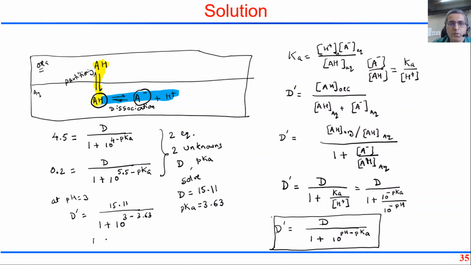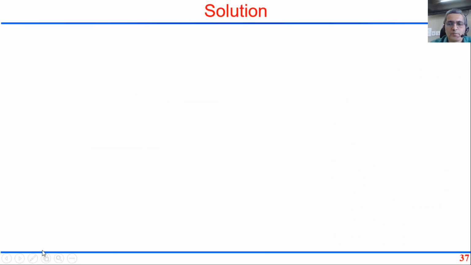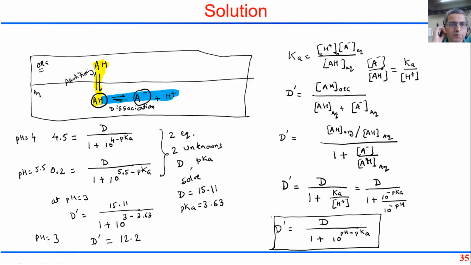So this D prime would be almost equal to 12.2. You can see for yourself and get the answer. So now what are we trying to say? You see how the overall distribution coefficient is changing. The overall distribution coefficient was 4.5 at a pH of 4. This was pH equal to 5.5 and this is pH equal to 3. Do you see?